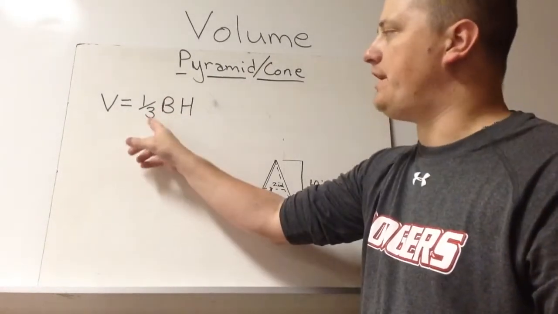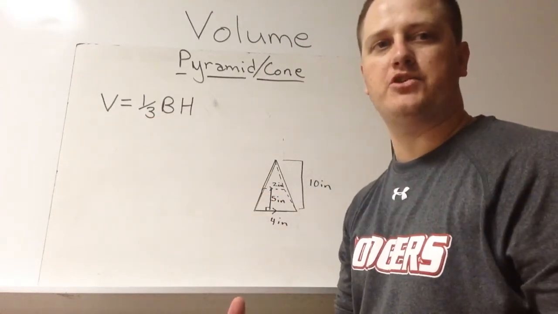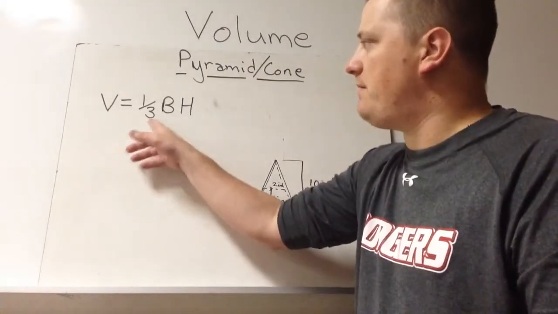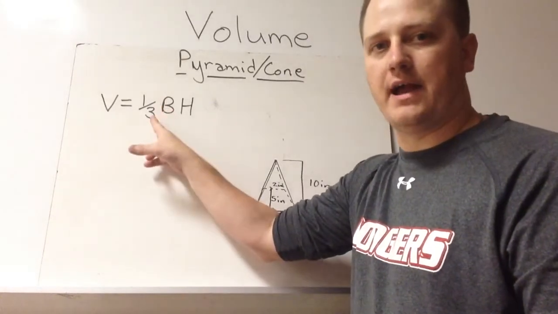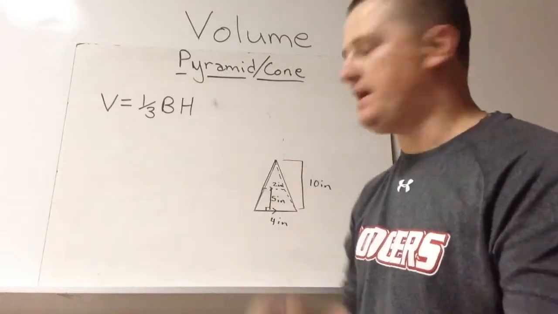So what part it is it actually is 1/3. In class we'll get some shapes out and I will show you how that came about. So it's going to be 1/3 base times height. This base is still the area of the base, and the height is still the perpendicular height.